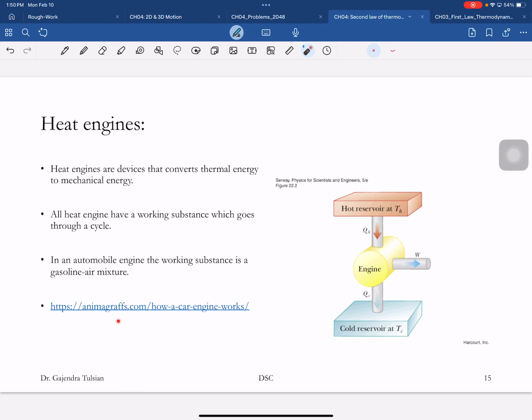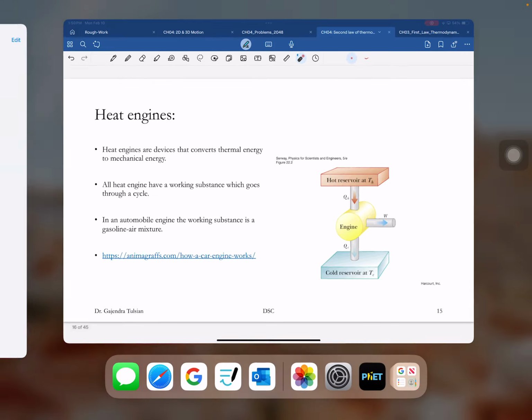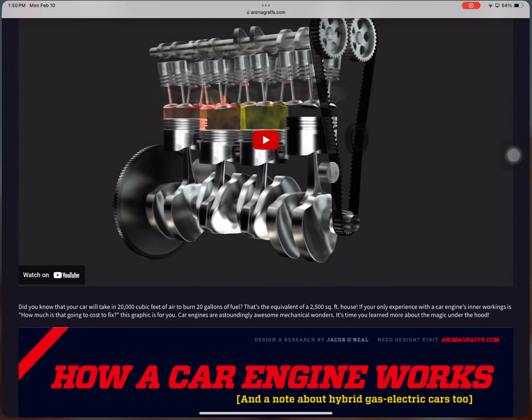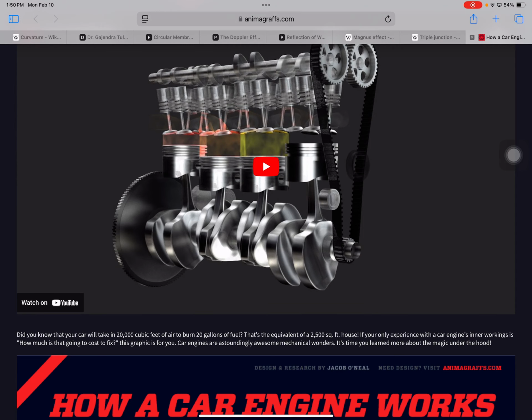By the way, do you want to see an animation of how a car engine works? Okay. What do you do in a car engine? You take gasoline, you burn it.